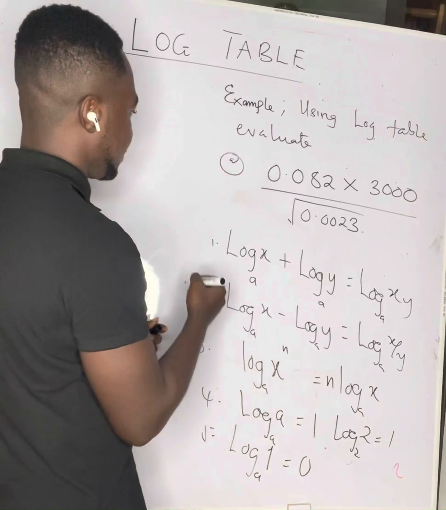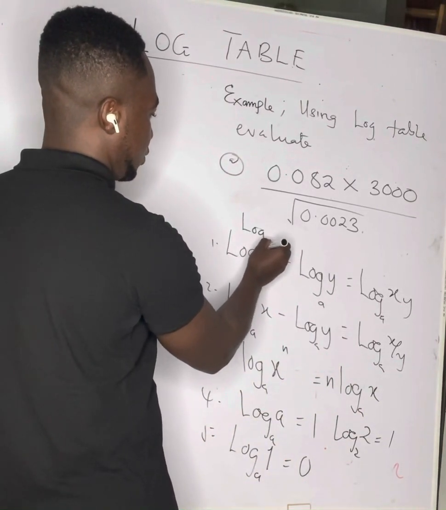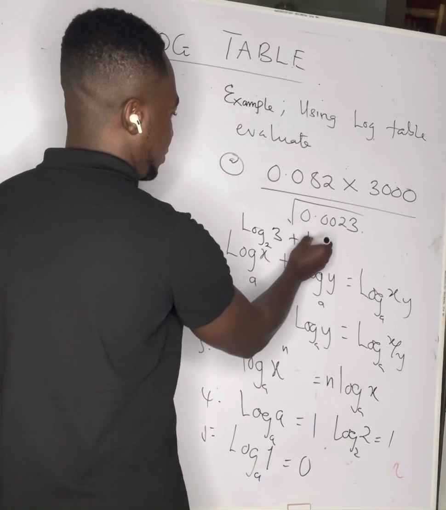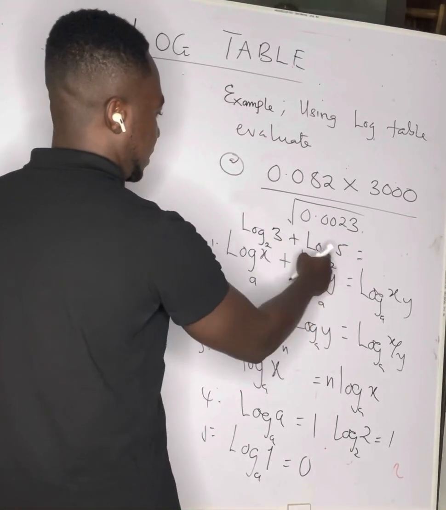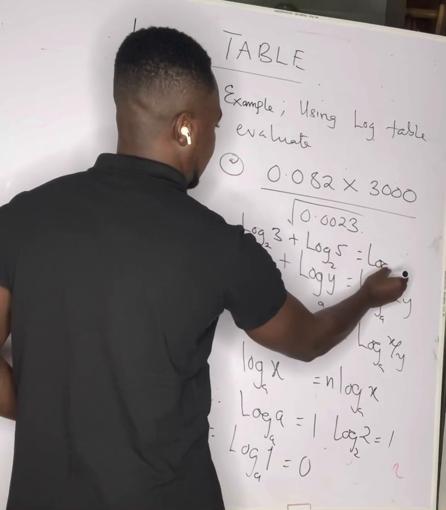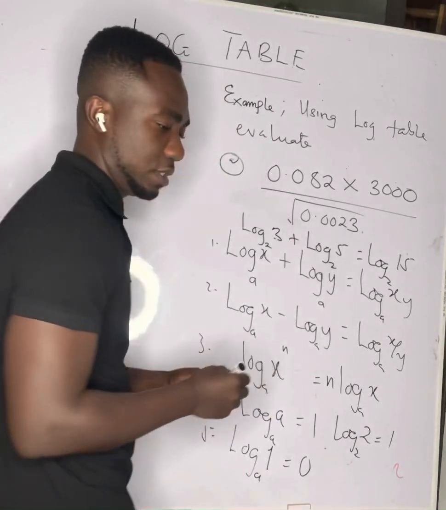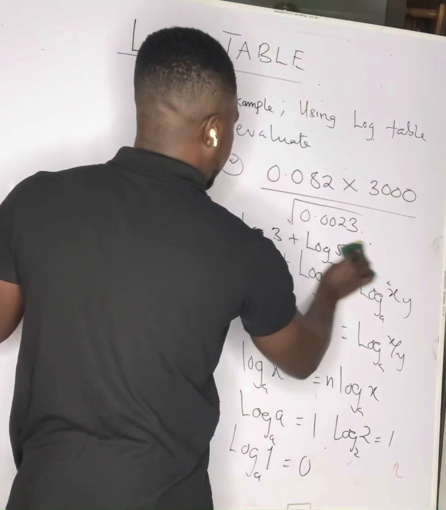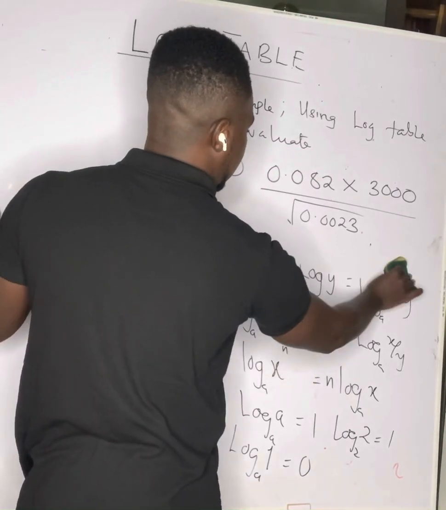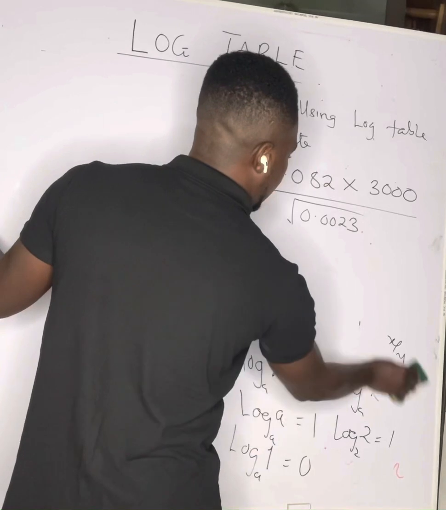For example, if I have log base 2 of 3 adding to log base 2 of 5, the log to the same base is out, log base 2 is out, then 3 will multiply 5, 15, just like that for the addition property. Then the subtraction property changes to division. Okay, so now let's look at our log table.